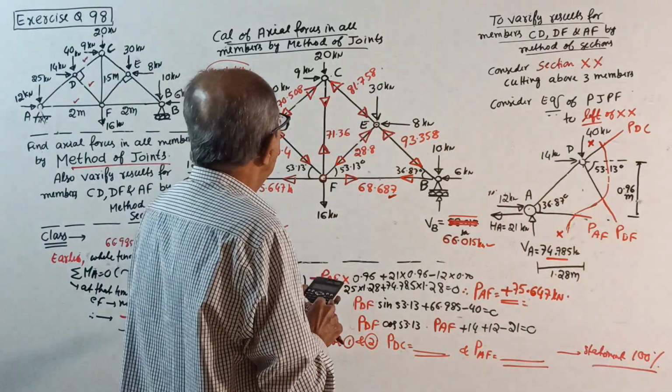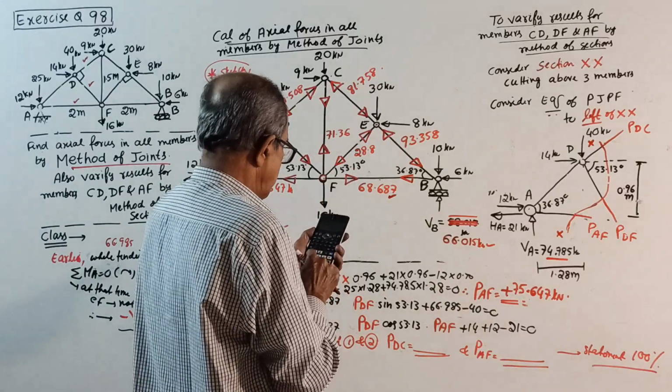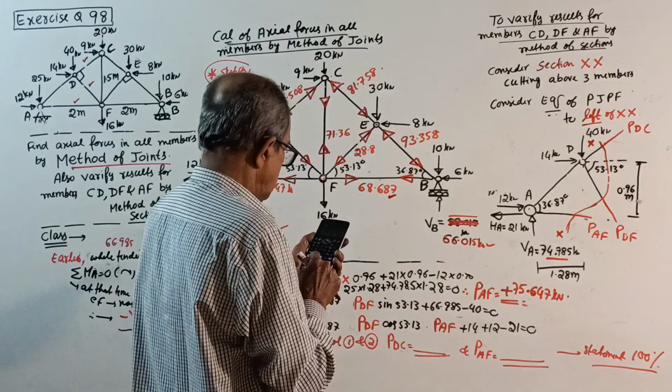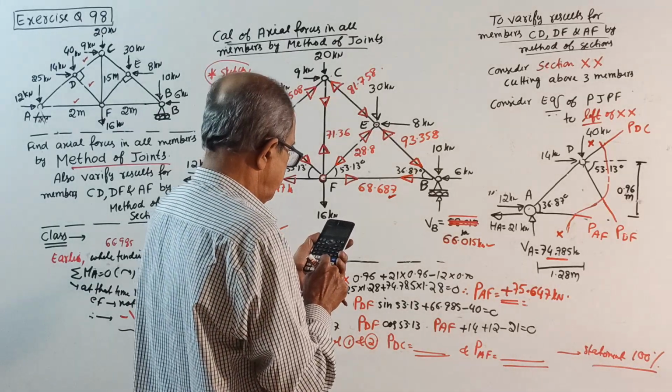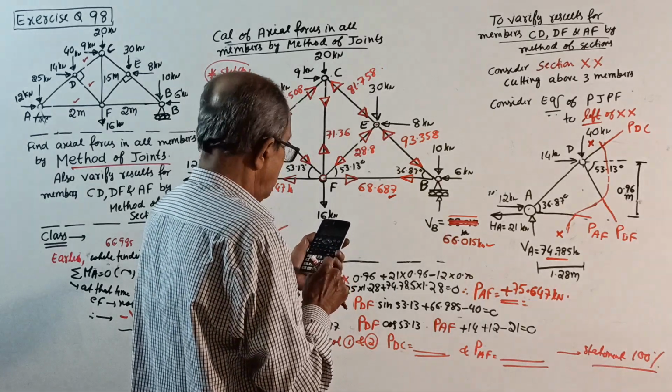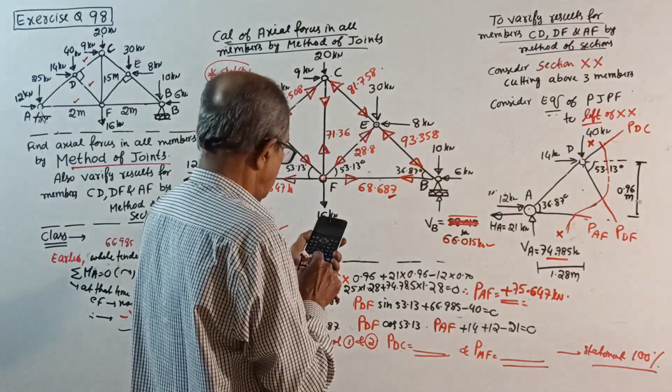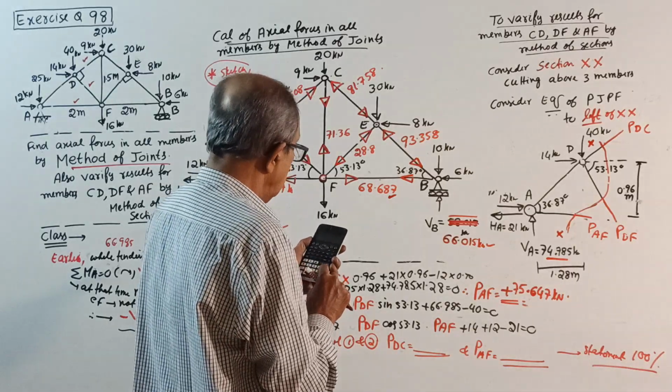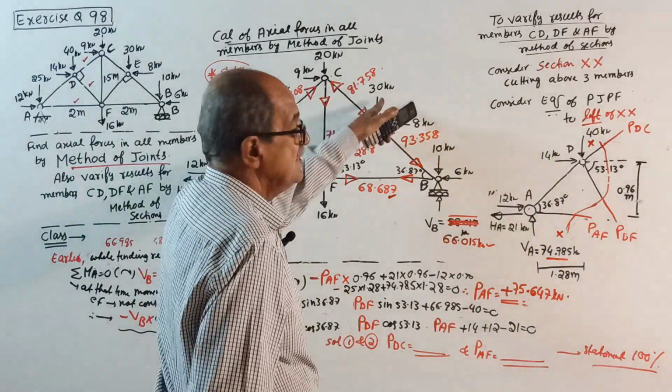Okay, now I will check the equilibrium of joint E, which I have not gone. I will check it. Vertical equilibrium: 28.8 into 0.8 plus 93.358 into 0.6 minus 81.758 into 0.6. 30. Yes.